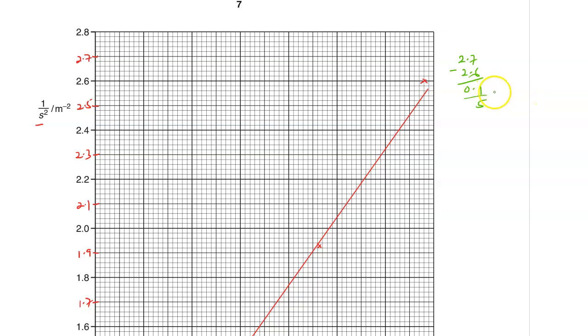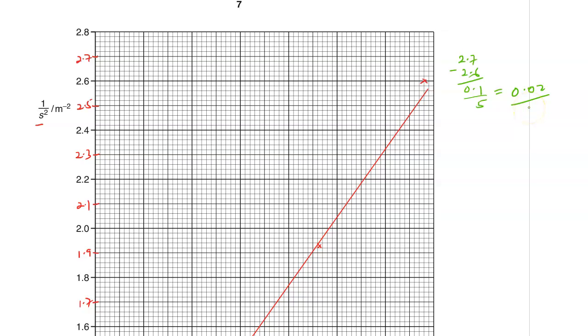Divide by 5. Use my calculator. 0.1 divided by 5 gives us 0.02.